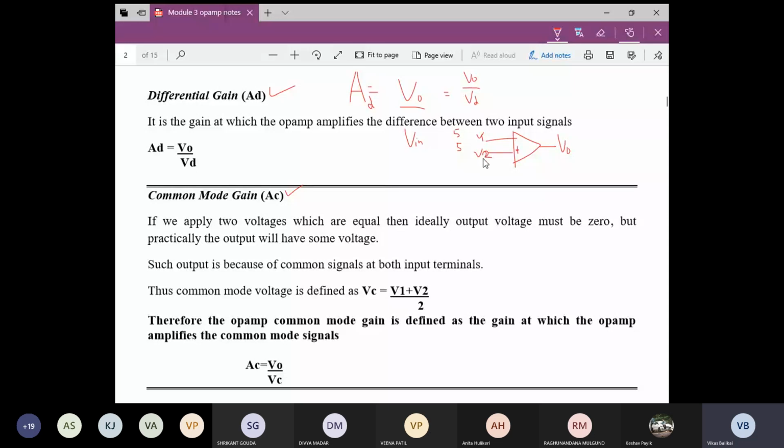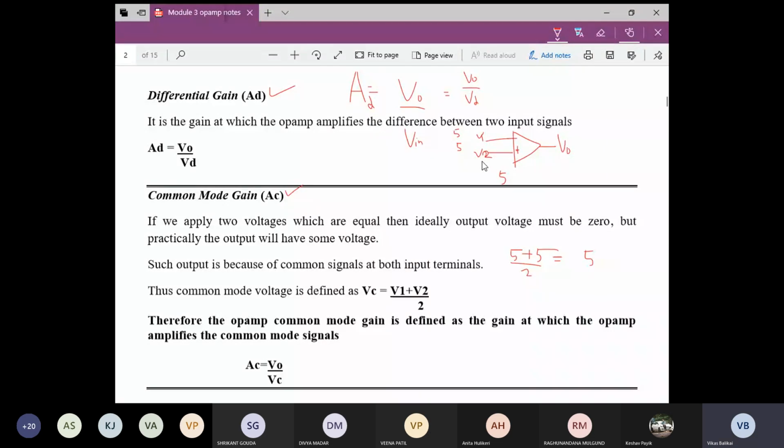To avoid this sort of confusion, when we give two equal voltages, we take out the common term. So basically we take the common voltage. The common voltage between 5 and 5 is 5. Or else I can say it is the average: 5 plus 5 divided by 2, which happens to be again 5. So this 5 will be considered as the new input when we have two inputs of the same amplitude.